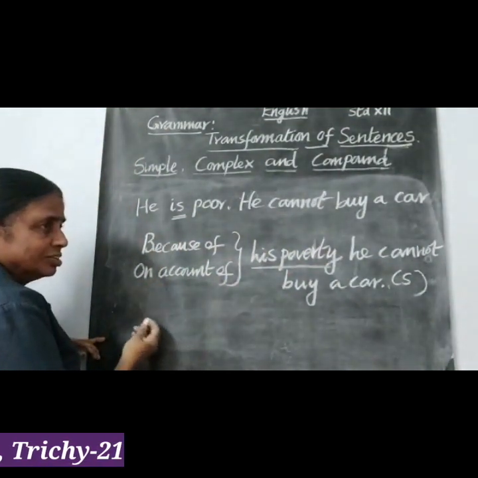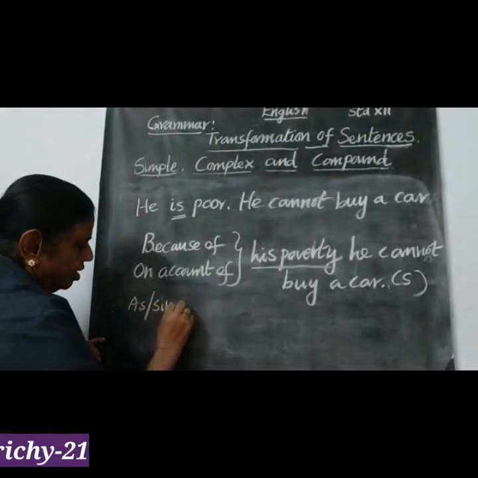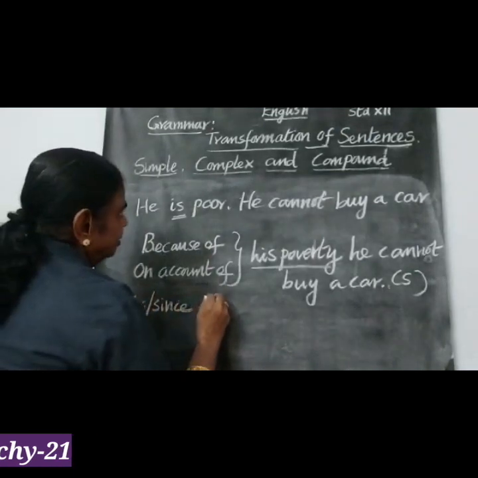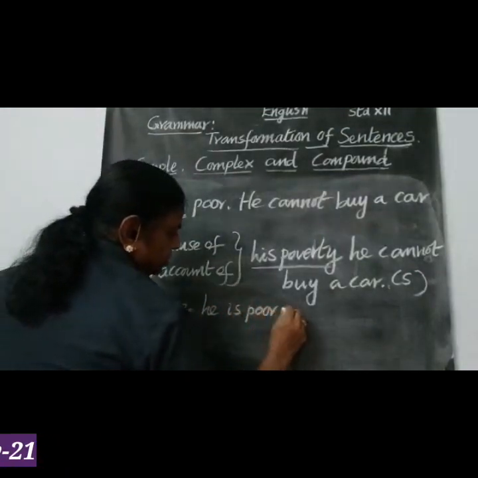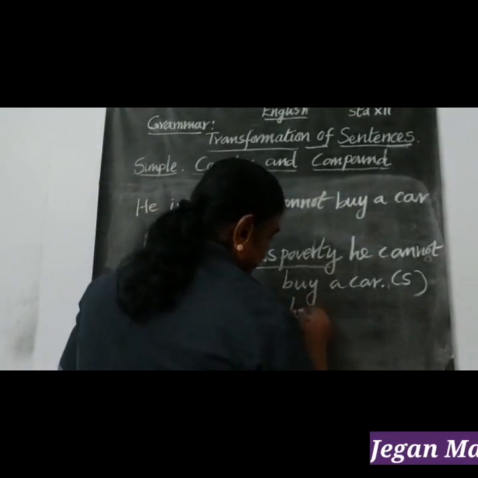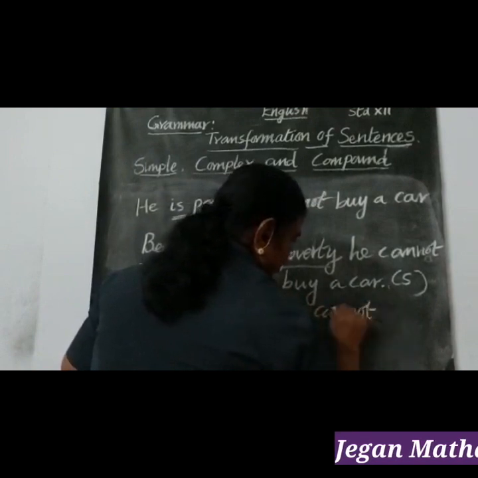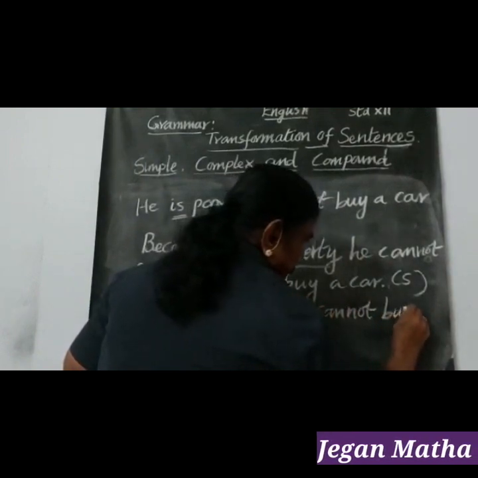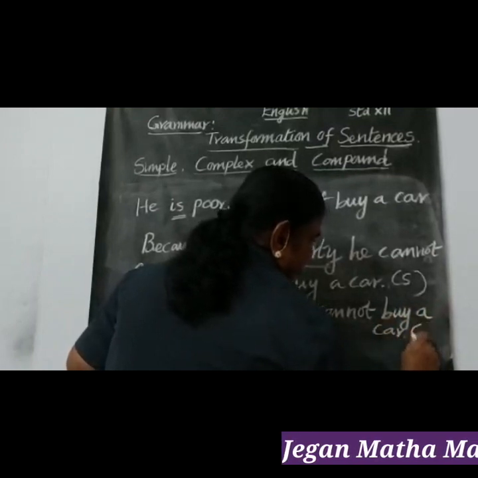Now, how to change it into a complex sentence? Here you can just write as or since. As or since he is poor, he cannot buy a car. Okay, so it's a complex sentence.